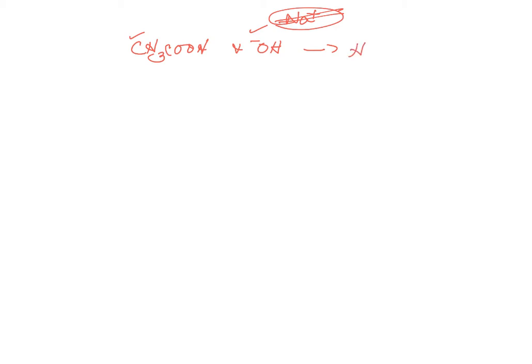And the products, of course, are water and the conjugate base of the weak acid. If I had decided to leave the cation in, which you can if you want, then of course it would be NaOH instead of OH, and the product would be the salt.